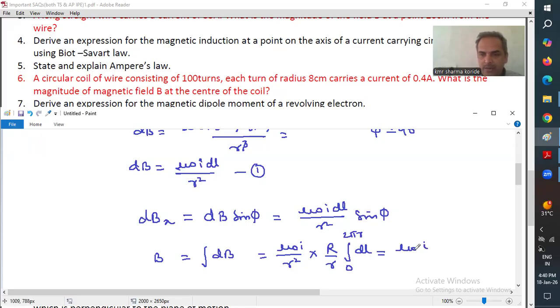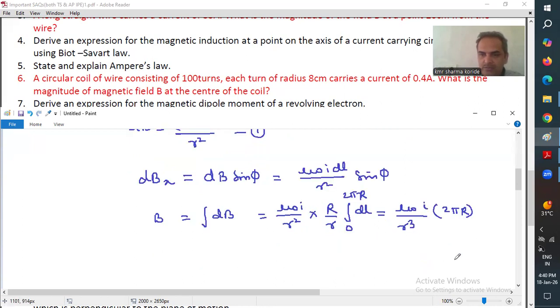Mu naught I divided by r cube, integration of dl is L. In place of L, you can substitute the limits, 2 pi r, because the circumference of the circle has radius capital R.